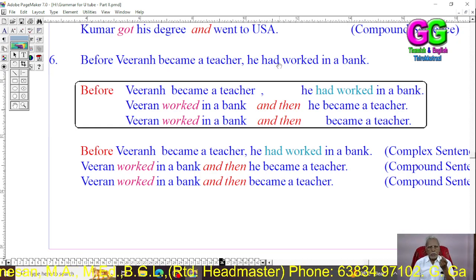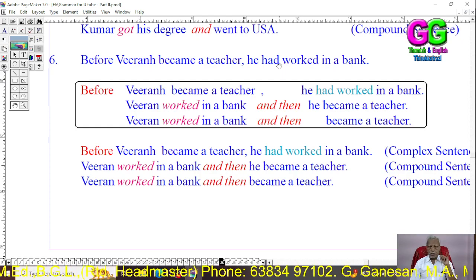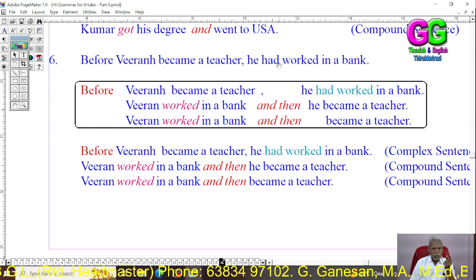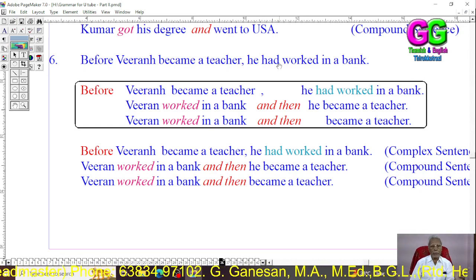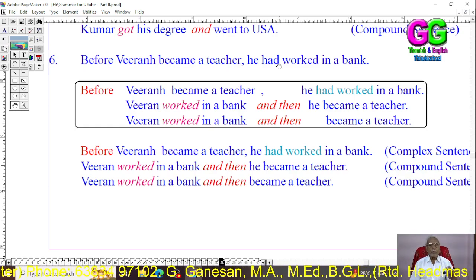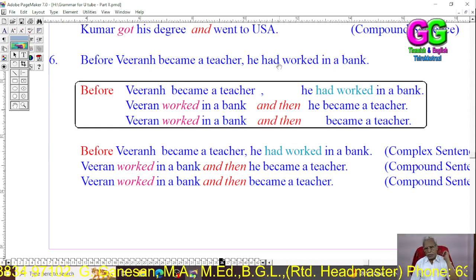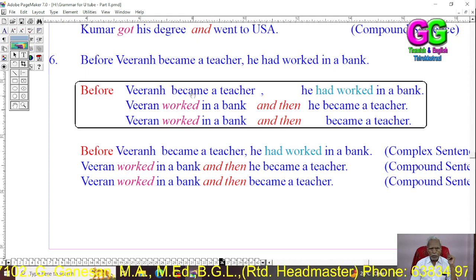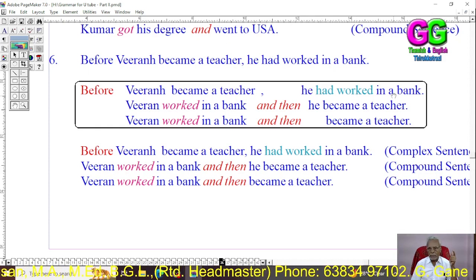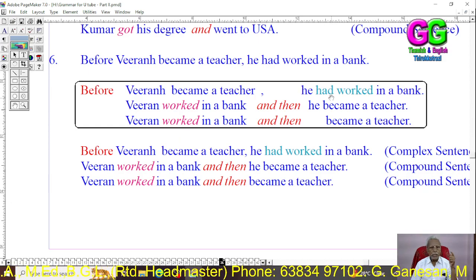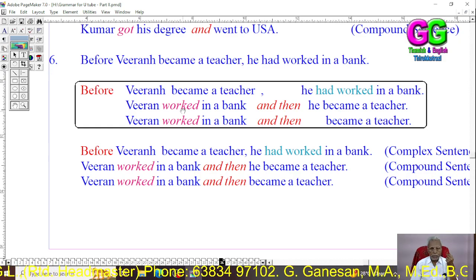Not only that, when we change a complex sentence into a compound sentence, the event that happened first should be expressed first, written at the beginning of the sentence. So here, before Veeran became a teacher, we should bring, he had worked in a bank. We should reduce it into a simple past and we should bring it first.